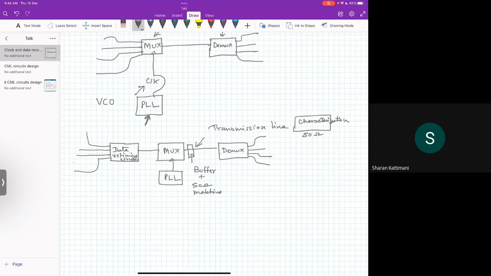There are various combinations possible, but ensuring 50 ohm matching is a must. Otherwise, there will be reflection, and corrupted data will be received. Moreover, at the receiver side also, again you will have a 50 ohm matching circuit.